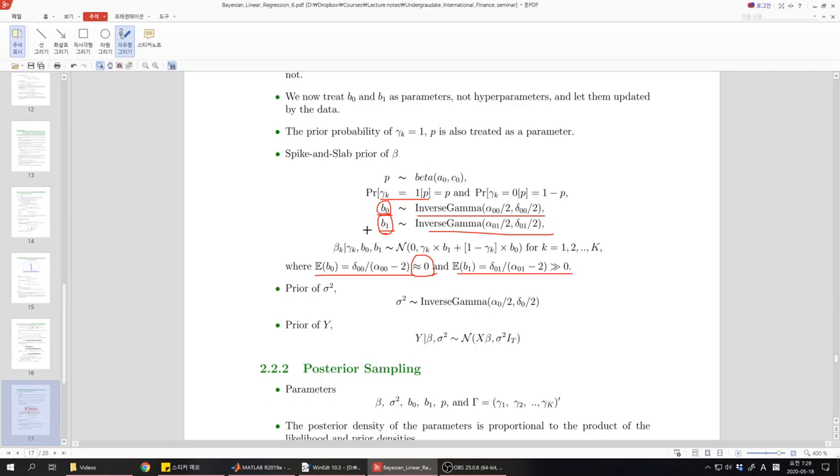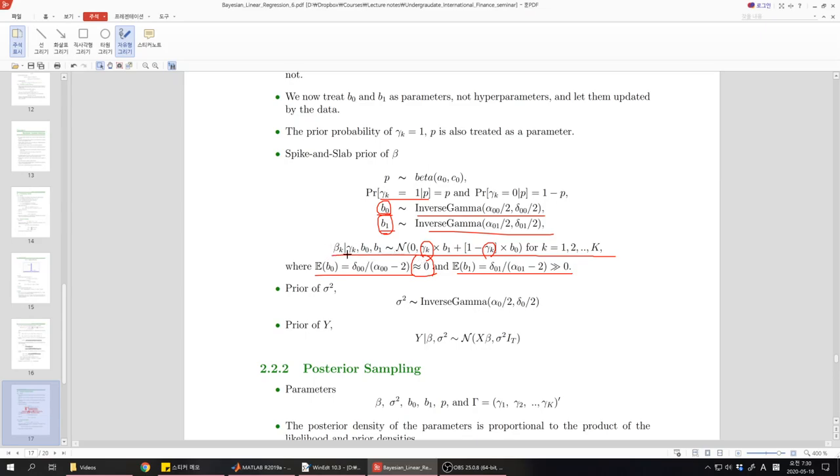So given B0 and B1, finally beta is generated from this normal distribution. Of course, it depends on the value of gamma K. If gamma K equals 1, then the prior variance is B1, which means beta K can be any value, far bigger or smaller than 0.